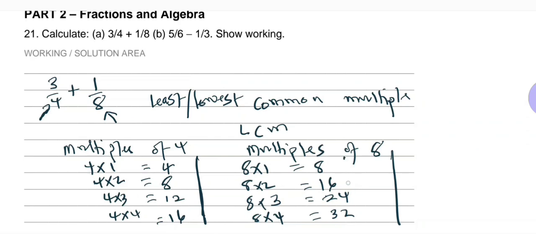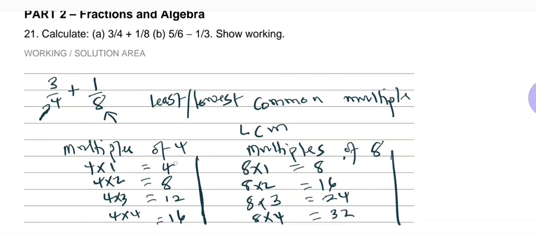So the multiples of 8 is 8, 16, 24, 32, and it can go on and on. The multiples of 4 is 4, 8, 12, 16, and on and on. Which number do you see under both?